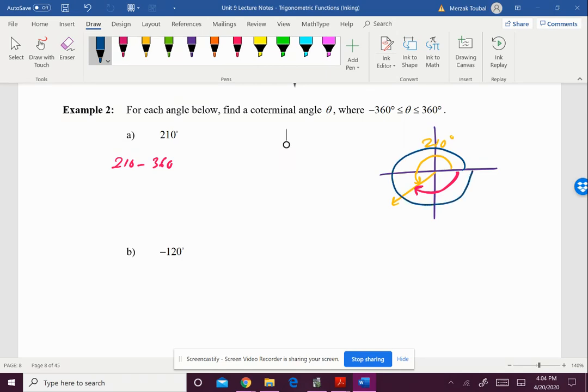You need to subtract 210. So 360 minus 210, the blue minus the green, will give you the red. However, because I want a negative angle, I just switch the order. Then I do 210 minus 360, and in this case, the answer would be negative 150.